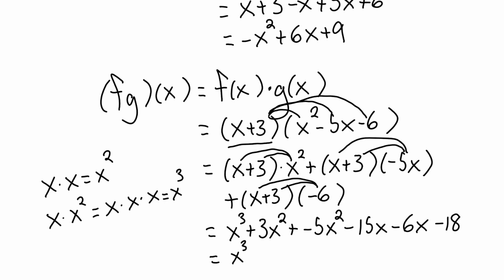So we get x cubed, 3x squared minus 5x squared will give us a minus 2x squared. Minus 15x minus 6x, minus 21x. And then minus 18, there's no other numbers, so we just leave that one here by itself. So we get this new function, which we call f times g.